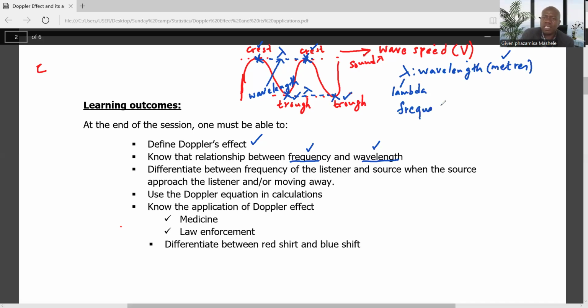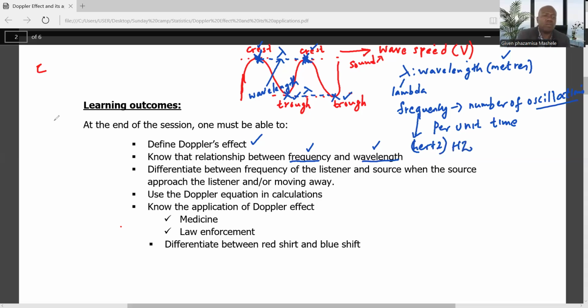The frequency is the number of oscillations per unit time. The upwards and downwards movement of the wave determines the frequency. The frequency is measured in hertz.